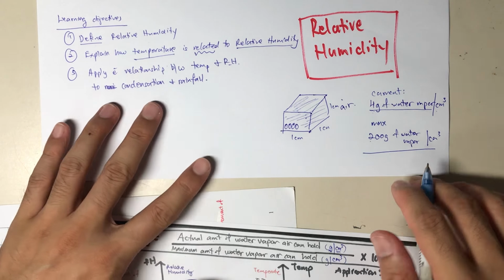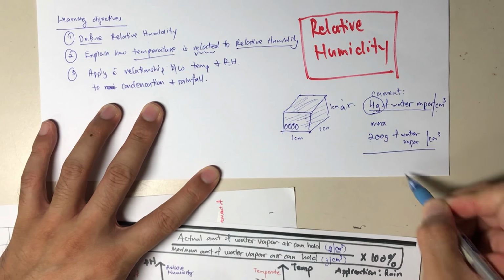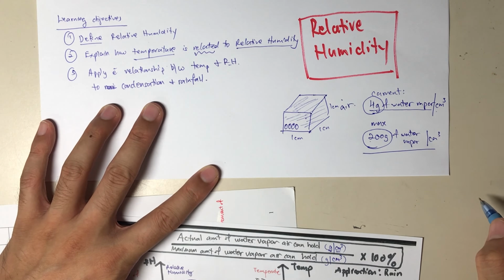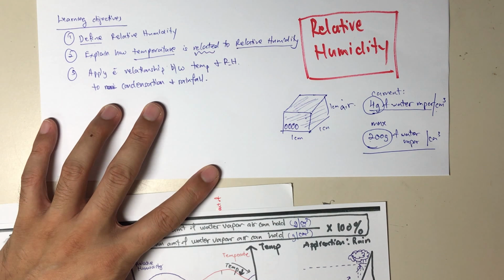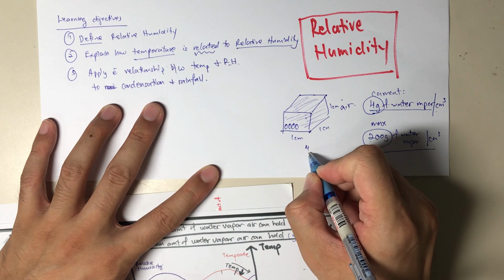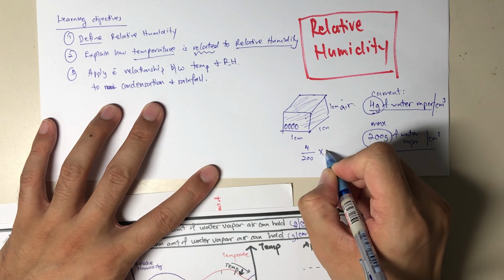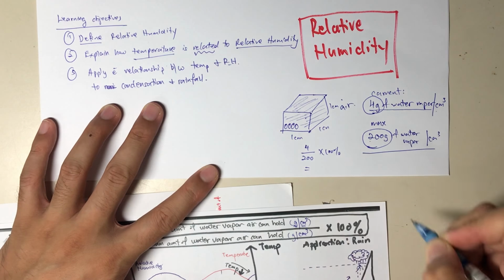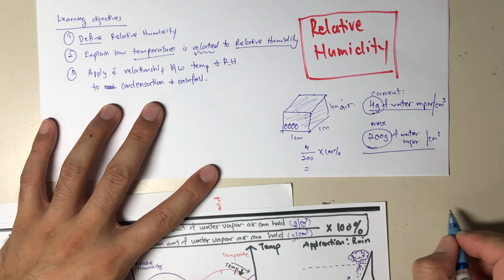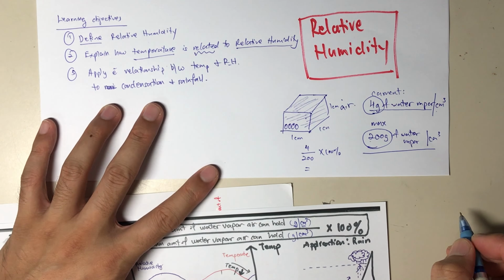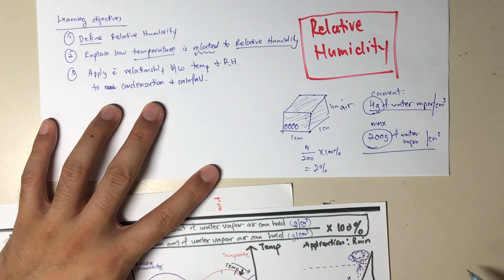That means if I have 4 grams currently and my maximum is 200, how many percent of my air is currently filled with water? I use 4 divided by 200 times 100%. I will get 2%.